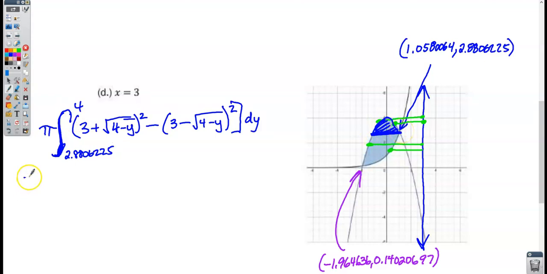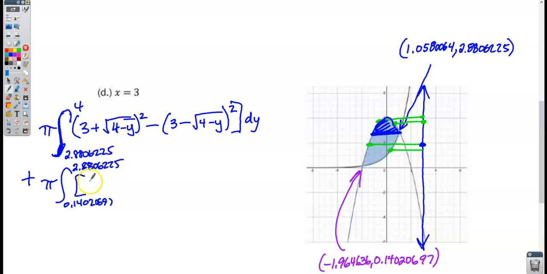the horizontal line. And then below the horizontal line, I've got pi times the integral from 0.1402067 to 2.8806225. And the outer radius is from the axis of rotation over to the left branch of the parabola.